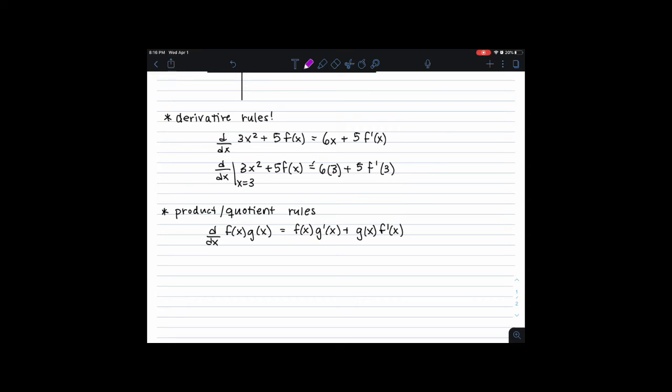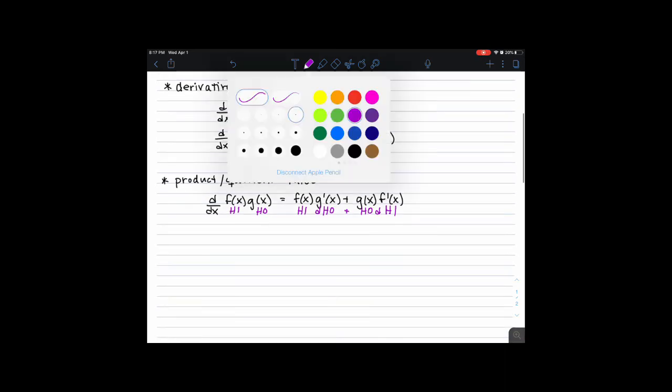We talked about ho d high minus high d ho, so if this is high and this is ho, we have, or sorry, not minus. Let me rewrite it. We have high d ho plus ho d high. We talked about the seven dwarves there in class.